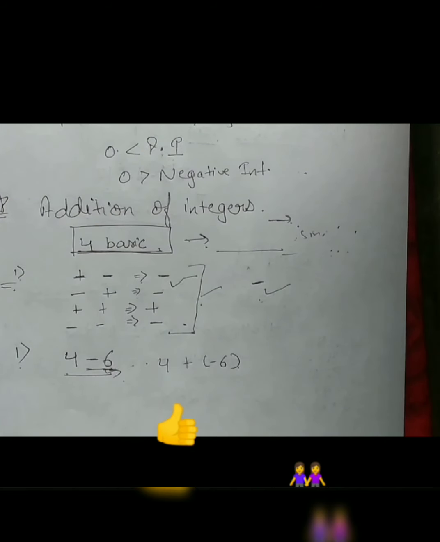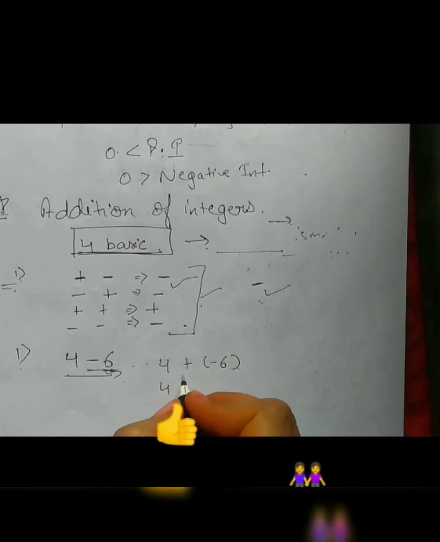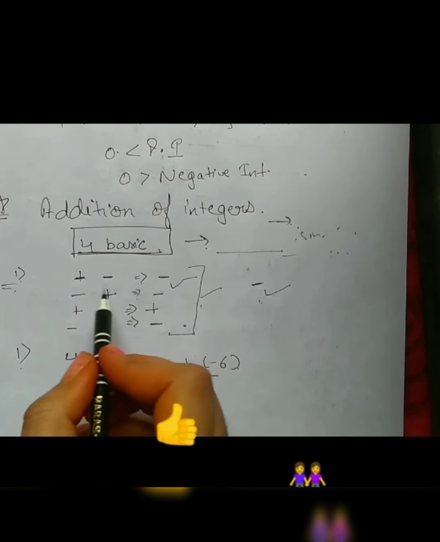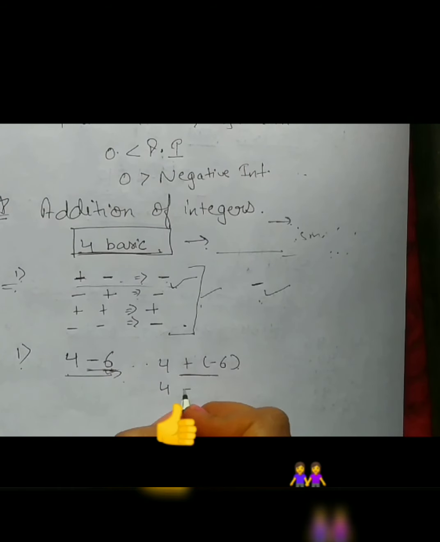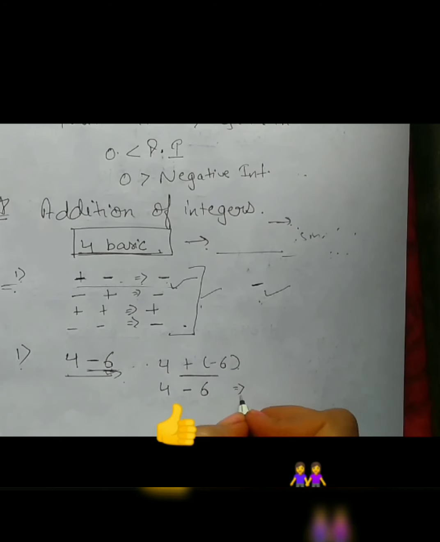So how will you solve this? 4 plus minus, what we have studied just now, plus minus is minus. So 4 minus 6, that is, it will be 2, but raised to minus 2. Why? Because the sign of the greater digit, that is 6, is negative. So our answer will be minus 2.